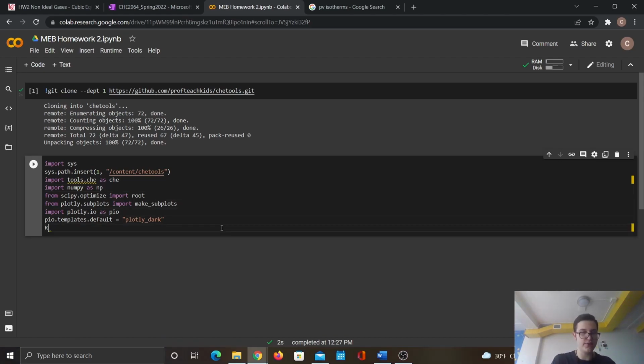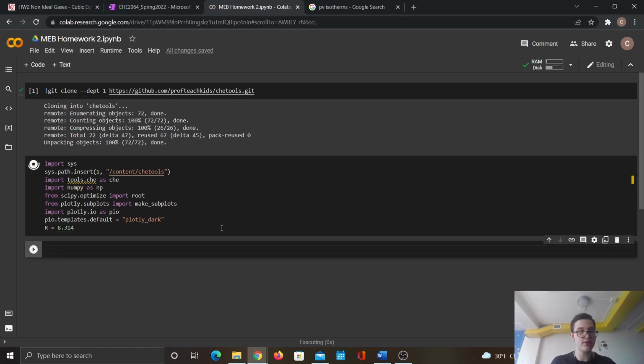And finally, I need to put the R value up here. I don't really need to put the R value up here, but it helps to make sure it's easy and out of the way. So R, the gas constant, is 8.314, shift enter. Okay, everything's good there.